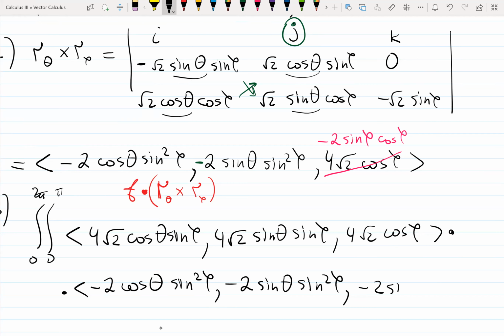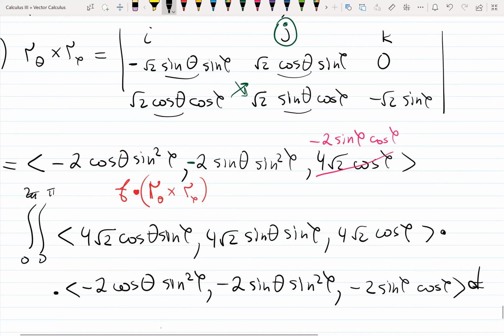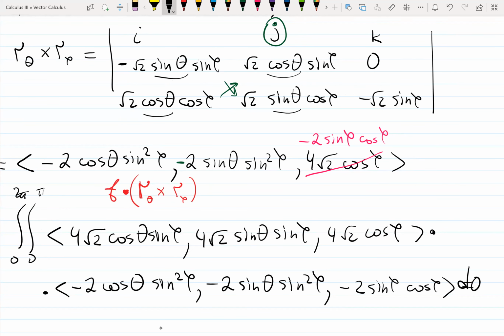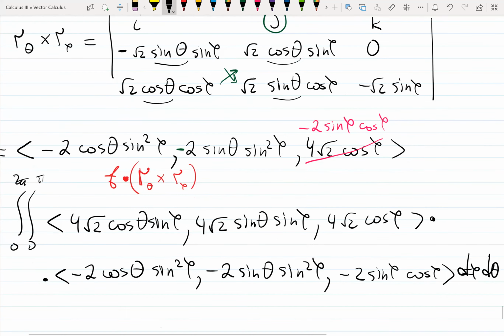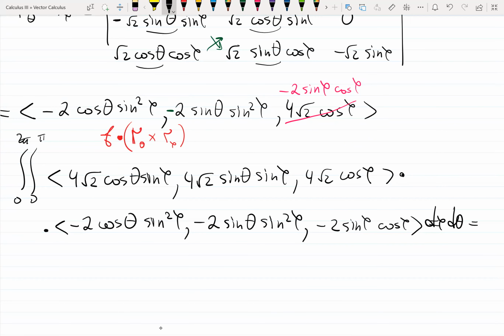In the end, this one I just copied. And now you multiply d theta. Oh, theta actually goes at the end, as you can see, d phi d theta. Theta is from 0 to 2 pi, so I know it goes to the end. You multiply these component by component and add the results. And luckily, some of them cancel out.